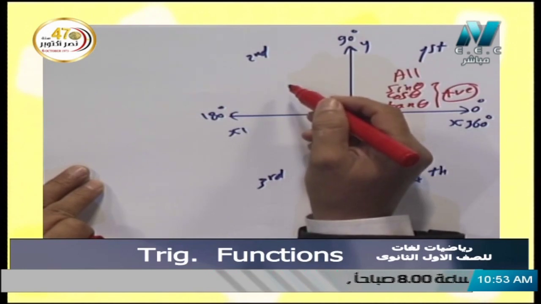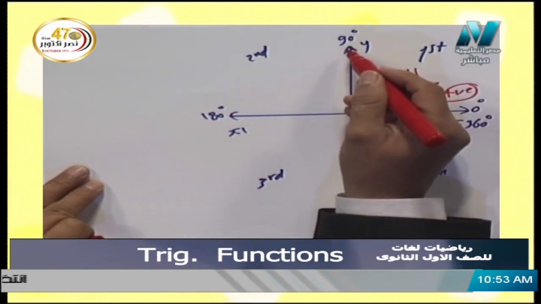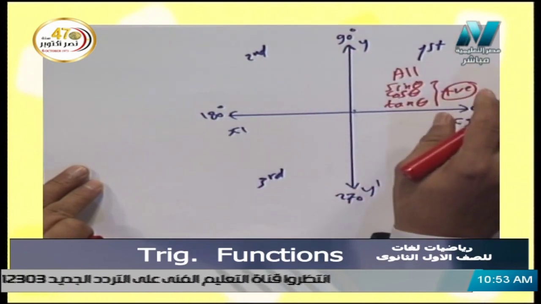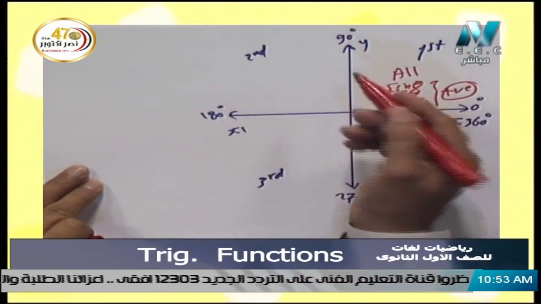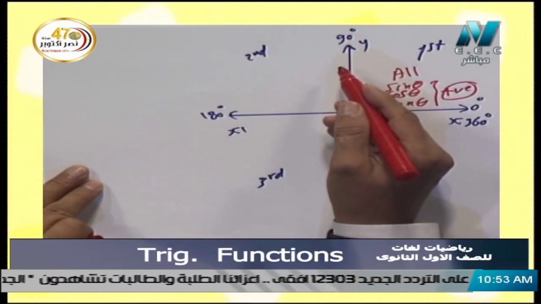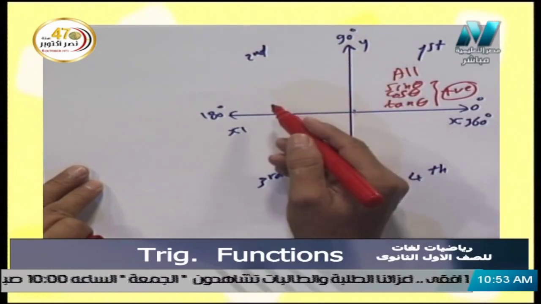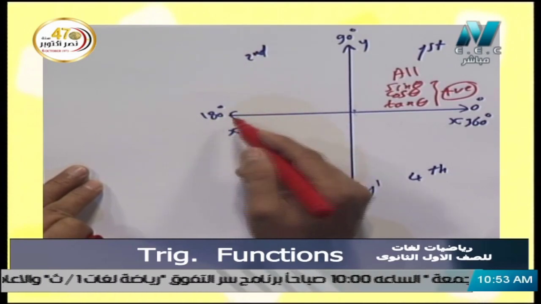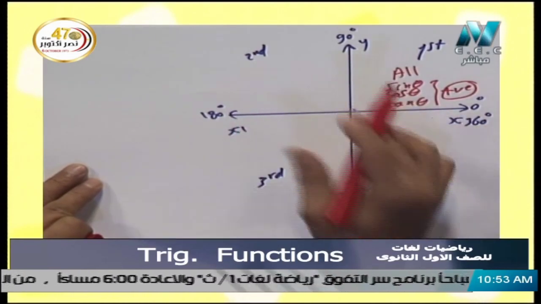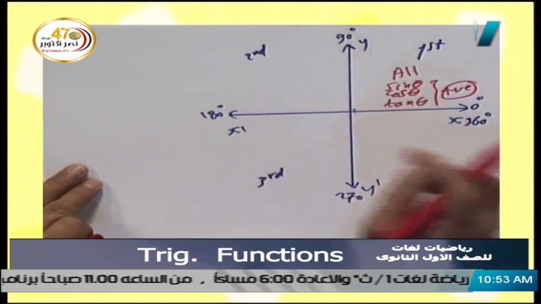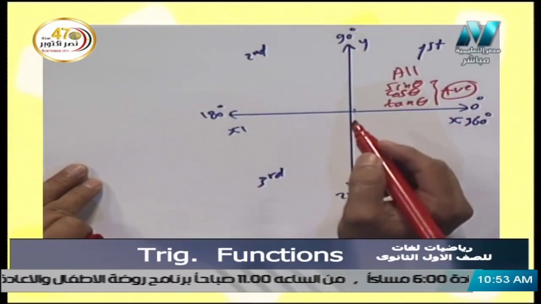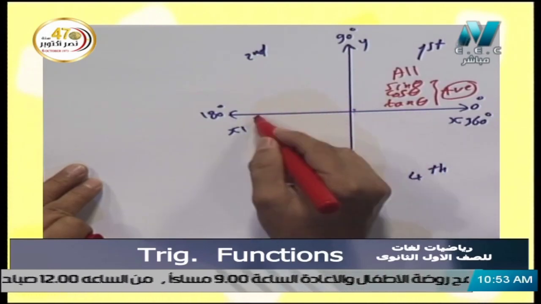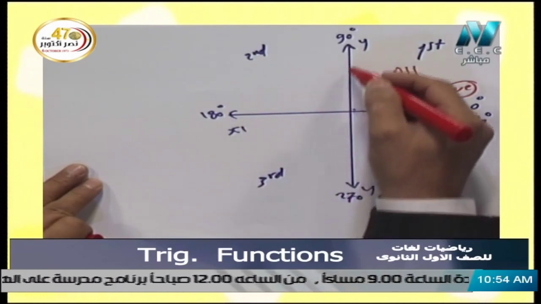Here in the second quadrant, which lies between 90 and 180, the degrees between 90 and 180, we can say 91, 100, 120, 130, and so on, 176, 179. All these angles lie in the second quadrant, and from the first look, we know that x here is negative, okay, and y is positive.